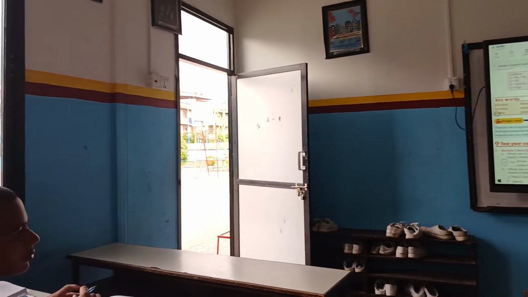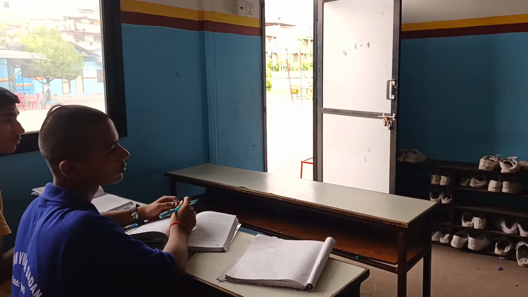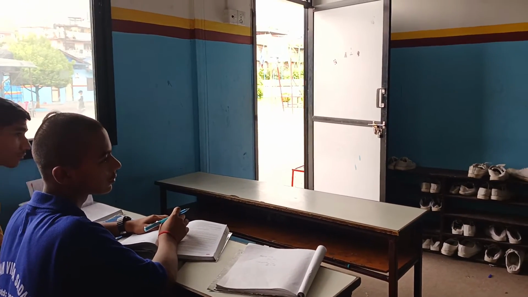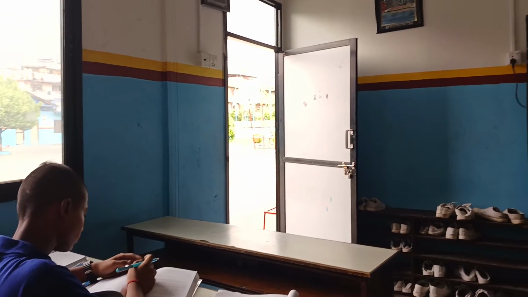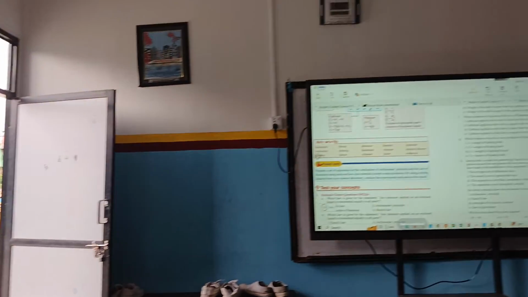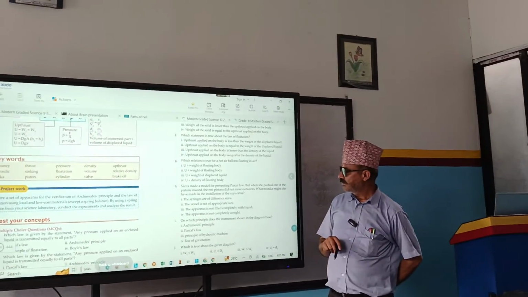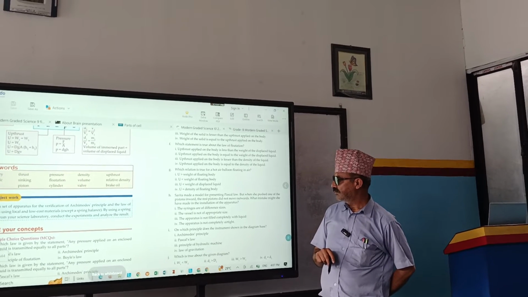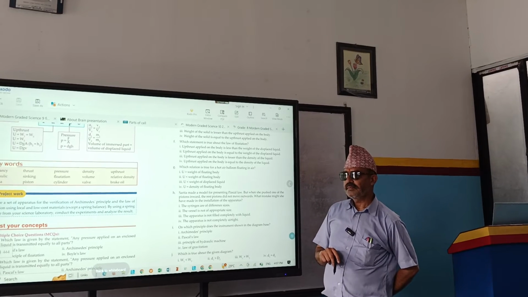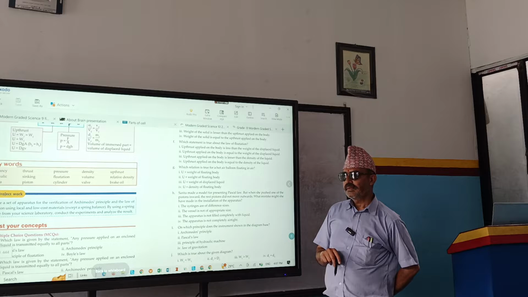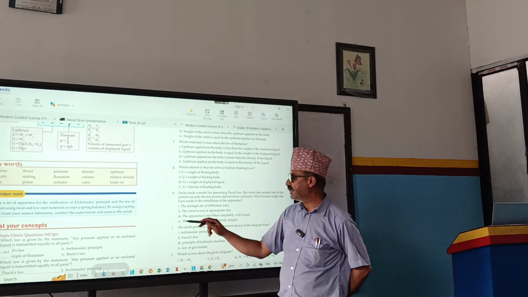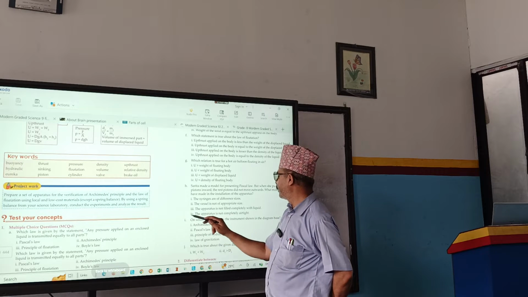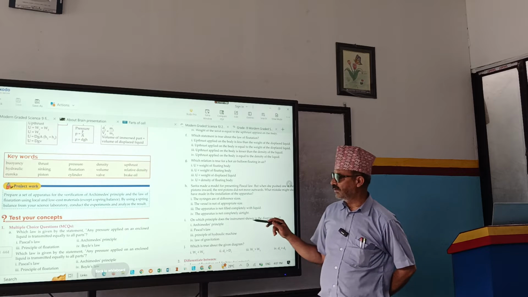The vessel is not of appropriate size. The apparatus is not fitted completely with liquid. The apparatus is not completely airtight. Which one is correct? Third one, the apparatus is not completely filled with liquid. Liquid must be kept there, eh?